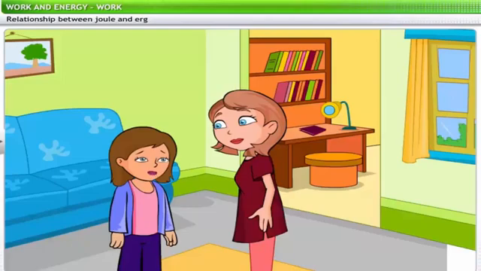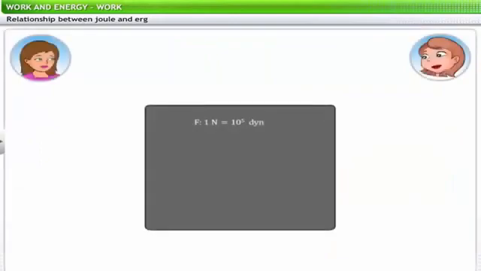Are joule and erg related then? Sure they are. Let's determine how exactly they are related. A force of 1 Newton is equal to 10^5 dyne. A displacement of 1 meter is equal to 100 centimeters.